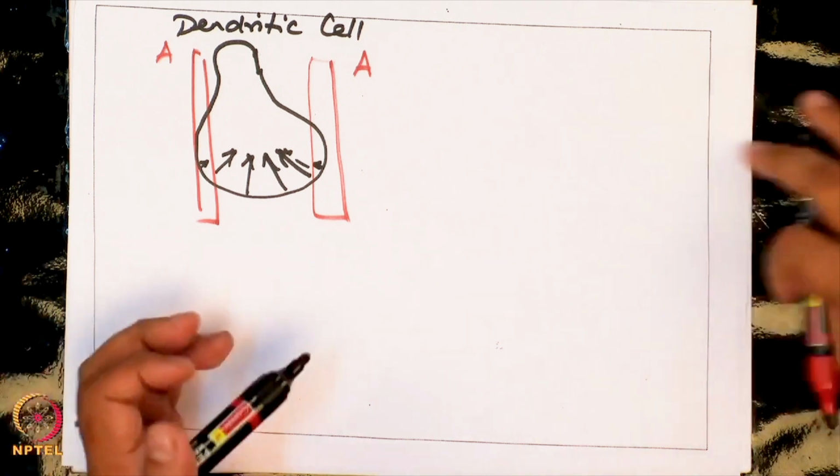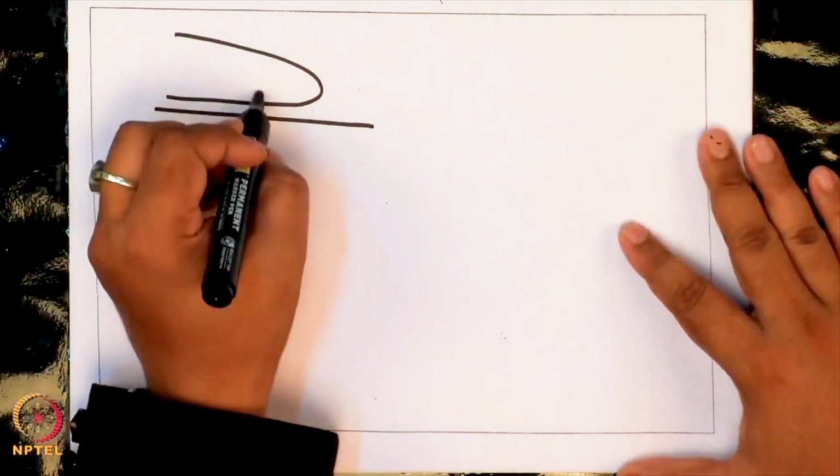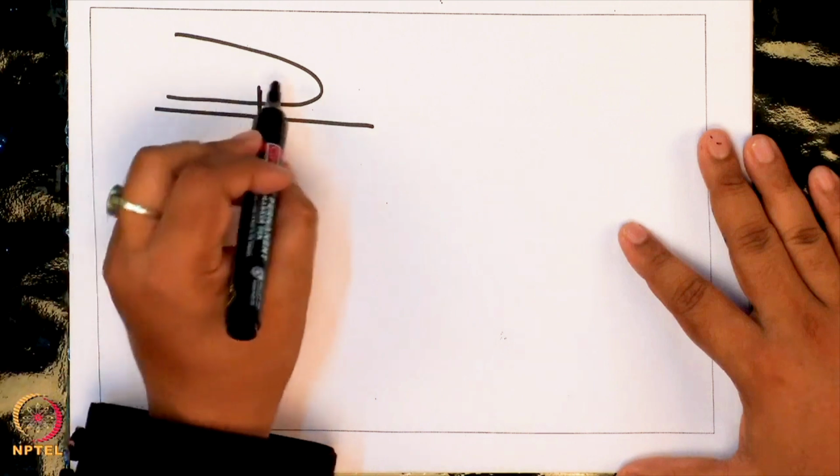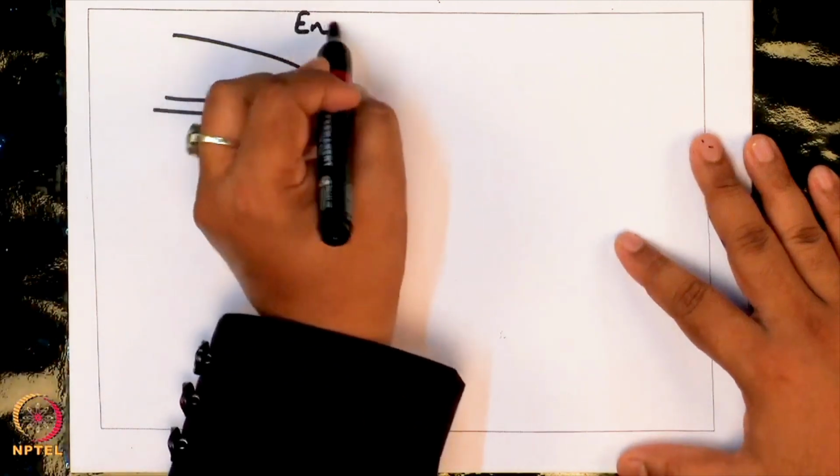So, if I were to draw a picture similar to that of a molecular clutch, like before, this is in an engaged state.